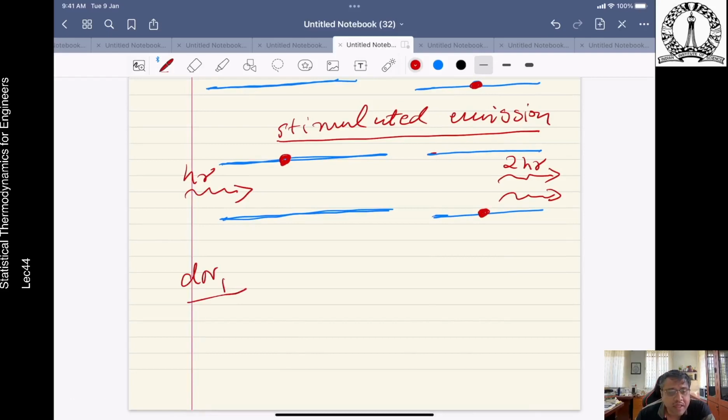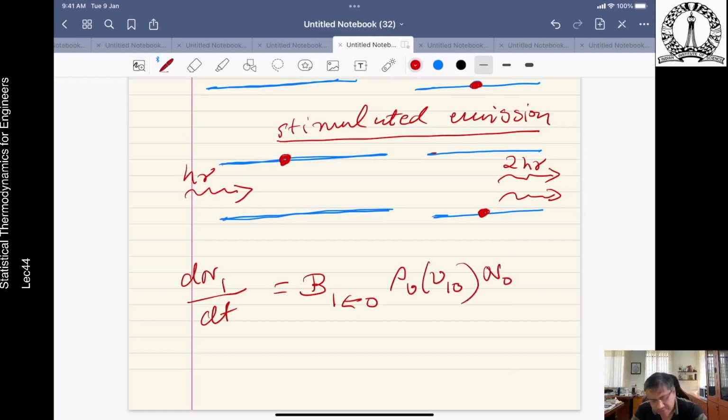dN1 by dt. That is, there is a change in population at the upper energy level, and this is driven by B0 to 1 times the radiation of precise frequency rho nu, into N0.